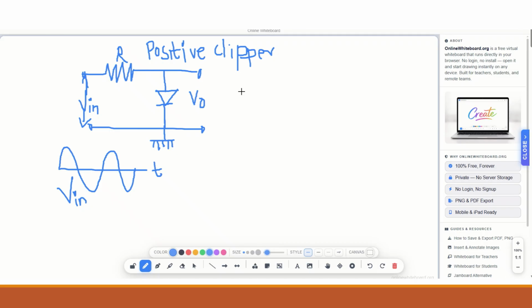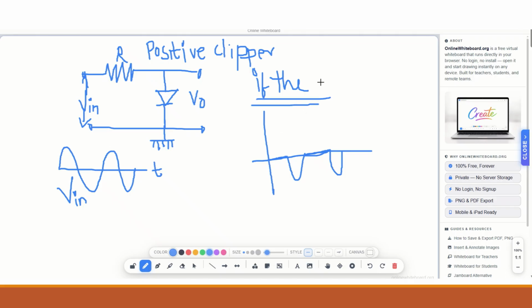We are expecting, if the diode is ideal, the output to have the positive part completely removed, and only the negative part will appear at the output. This type of waveform we will observe under the condition that the diode is ideal.